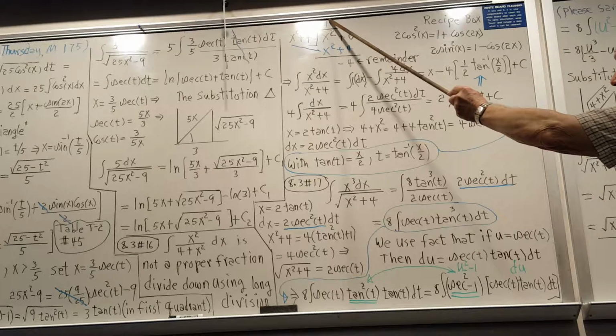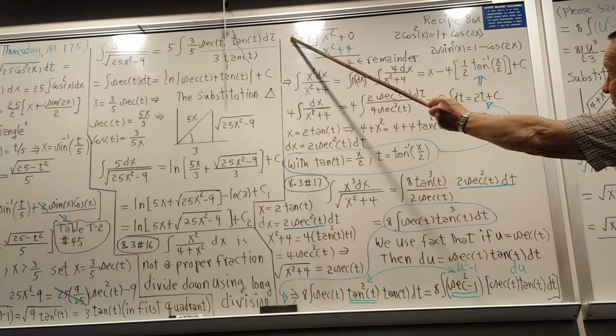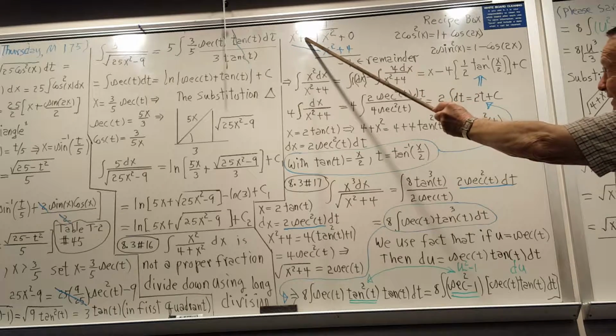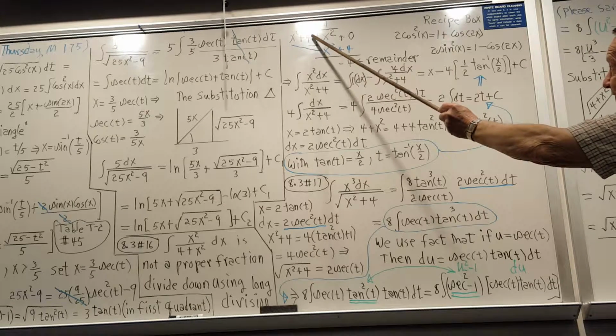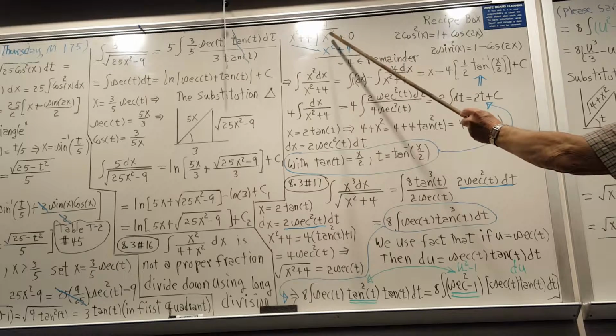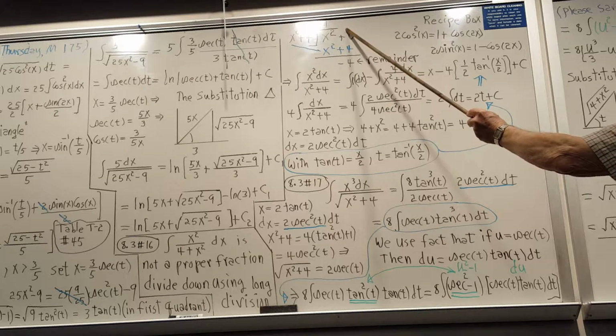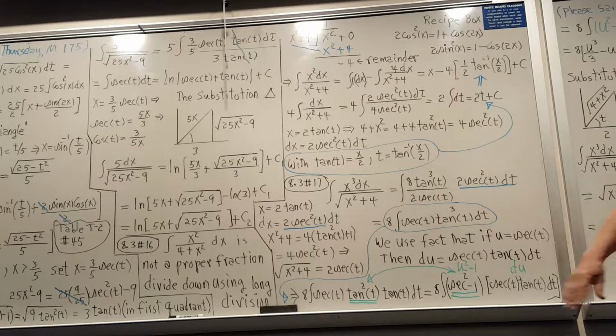For your answer up here, for your quotient, you'll take it times every term you have in your divisor. And so the 4 will go over here. So you have to think of it that there would be a 0 here for this to go underneath.